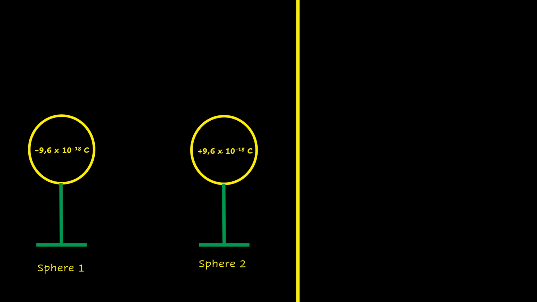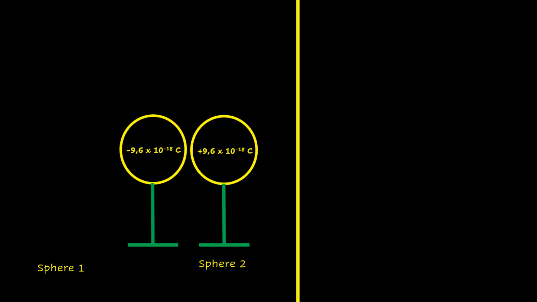But the charge on sphere 1 is equal to negative 9.6 multiplied by 10 raised to the power of minus 18 coulombs, and the charge on sphere 2 is positive 9.6 multiplied by 10 raised to the power of minus 18 coulombs. When these two oppositely charged identical spheres touch, they will have the same charge when separated.